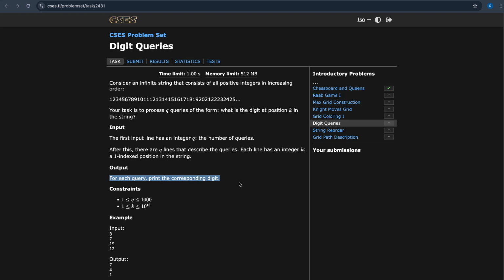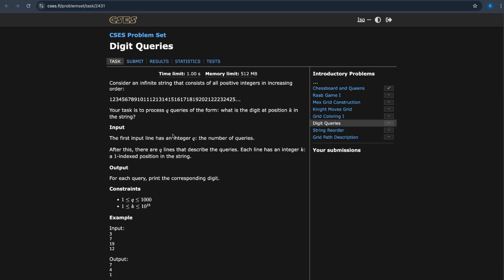So what do you guys think about this problem? What is your approach? I must say that the common approach is to create a string first, and then use the provided position to locate the exact digit in the string.